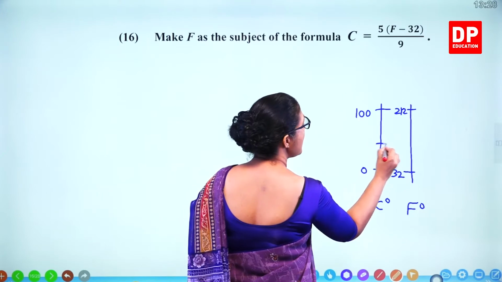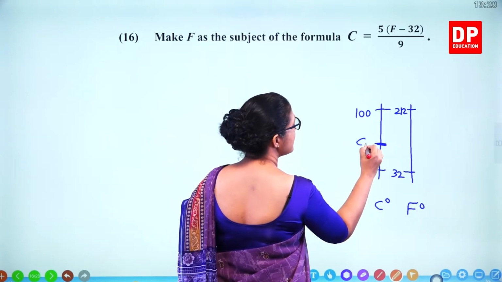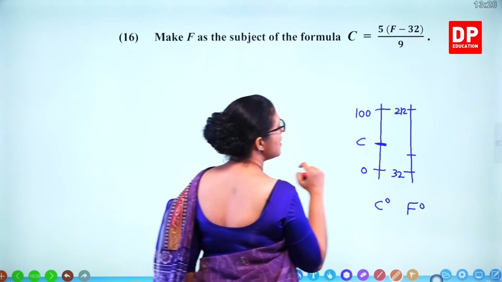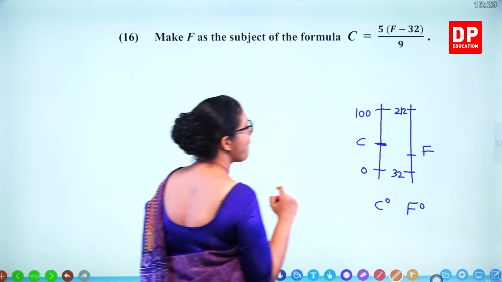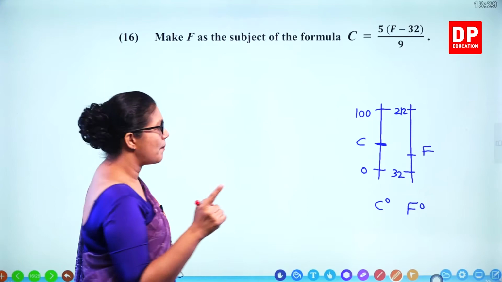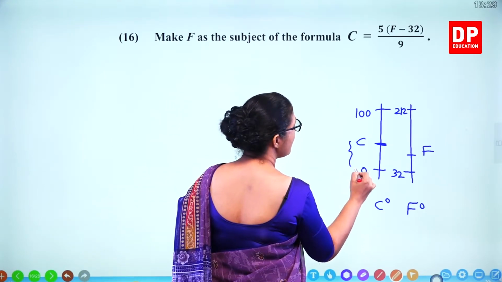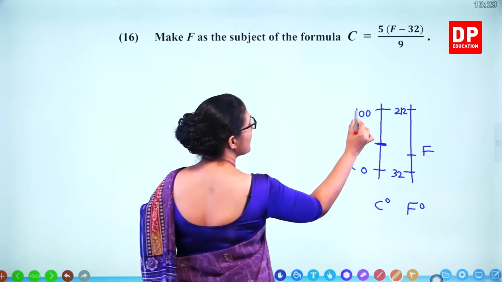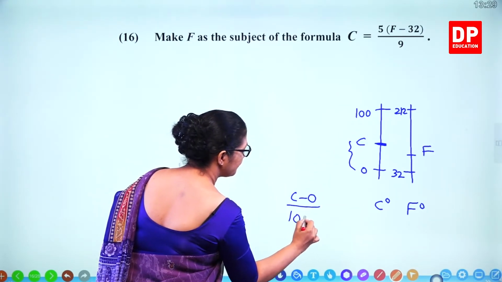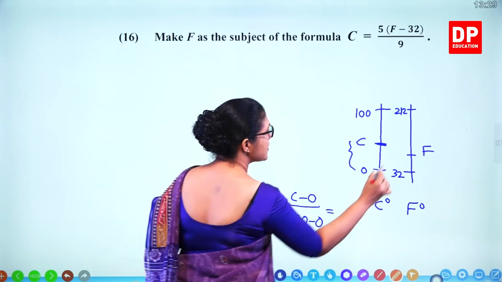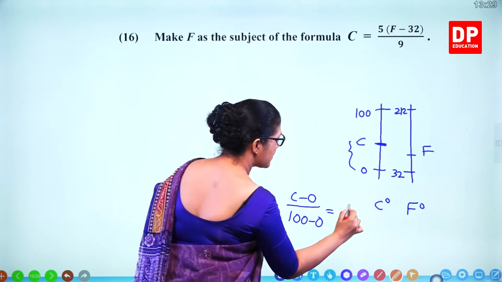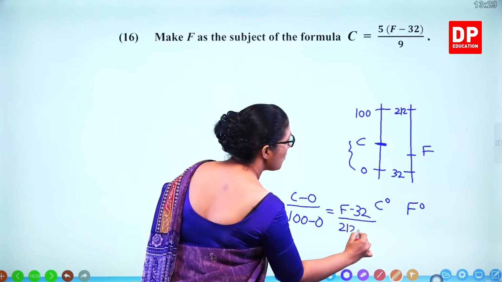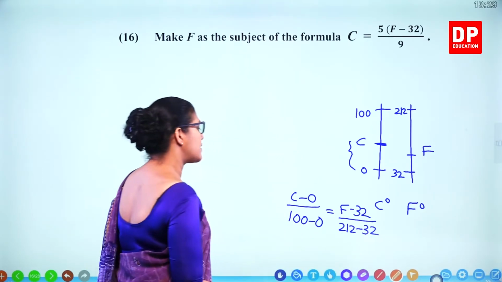So if you take any temperature as C, here the related temperature is F. So what's the relationship? You can find out the ratio. C minus 0 over 100 minus 0 is the same as F minus 32 over 212 minus 32. So that's the ratio.